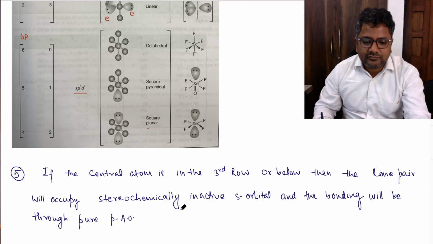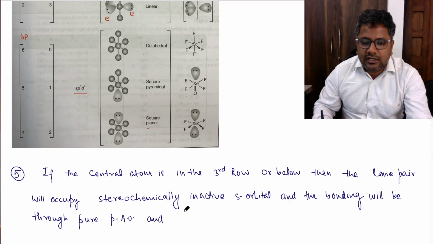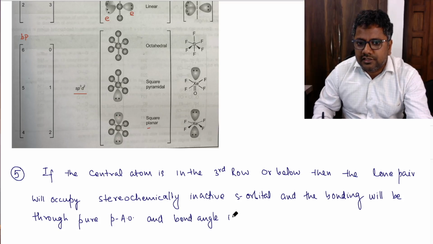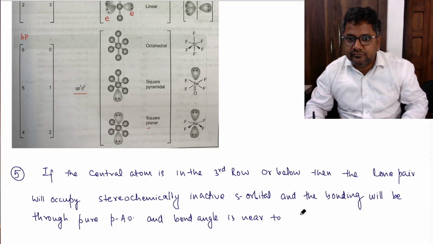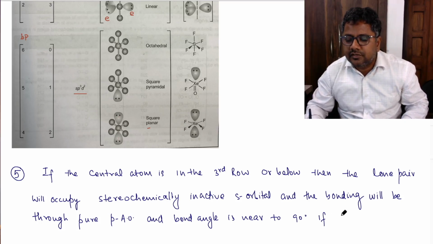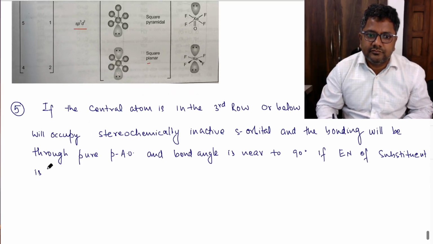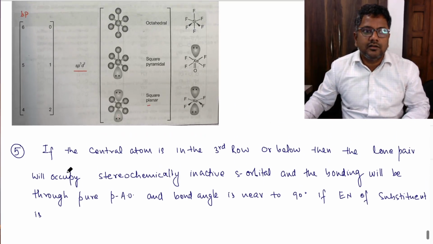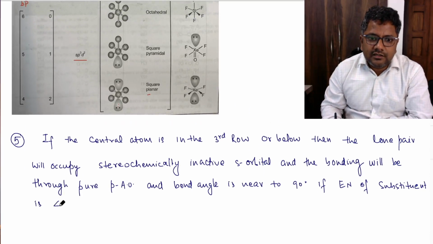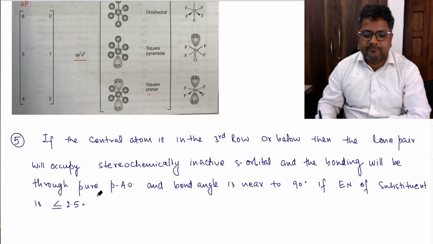And the bond angle is near to 90 degrees if the electronegativity of the substituent is less than or equal to 2.5, right?